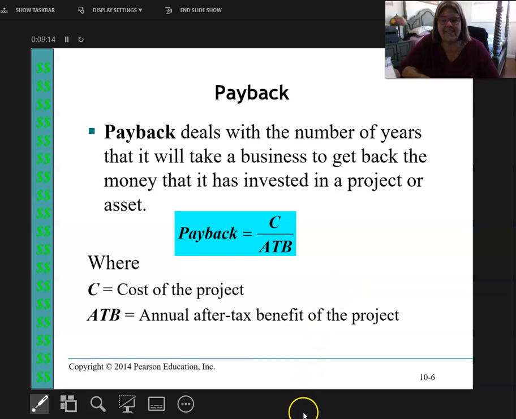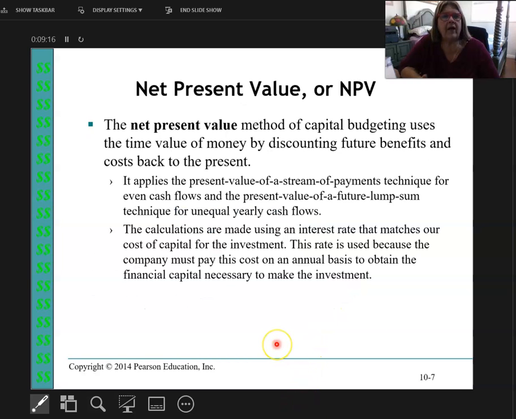Okay, next is net present value. Now, unfortunately with this one, it actually needs those time value of money charts that we talked about in Chapter 8 and Chapter 9. And it does the same concept, but not about payback. It says, look, if I know that I'm going to get X amount of money in a period of time, what is it worth now?